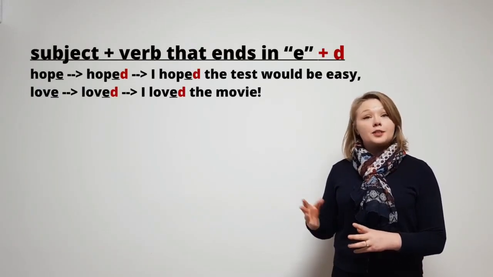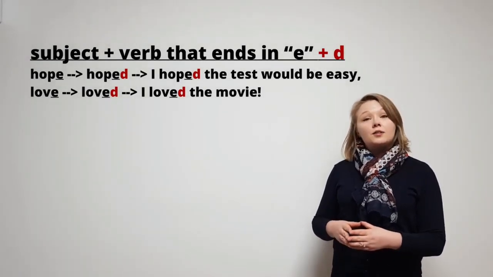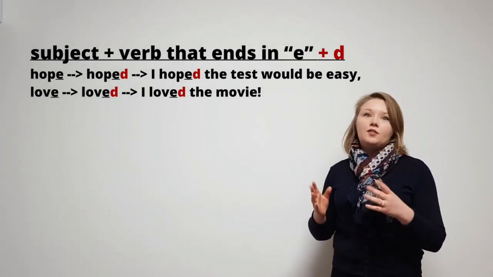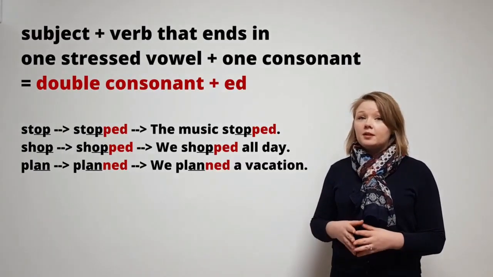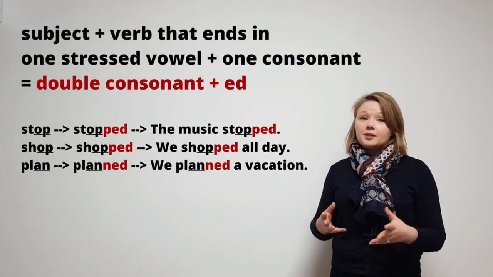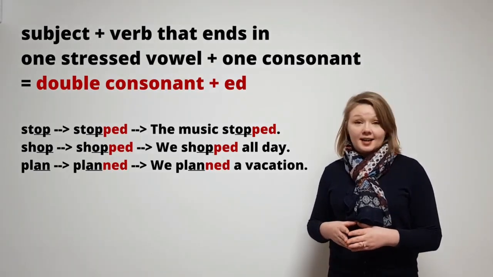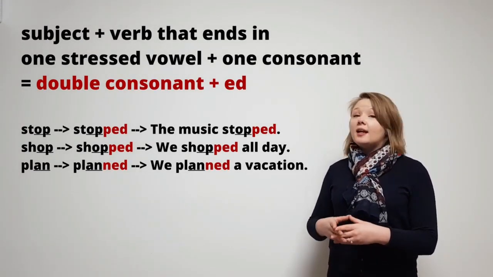Hope, hoped. I hoped the test would be easy. Love, loved. I loved the movie. Stop, stopped. The music stopped. Shop, shopped. We shopped all day. Plan, planned. We planned a vacation.